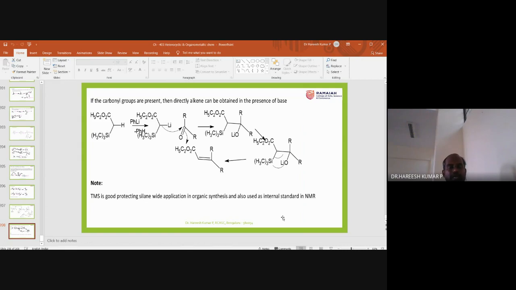This is about organosilyl compounds. So today we discussed the importance of silyl compounds, more particularly the bond energies. The bond formation between oxygen and silyl, and fluoride, is strong. Because of this aspect, it finds application in organic synthesis.